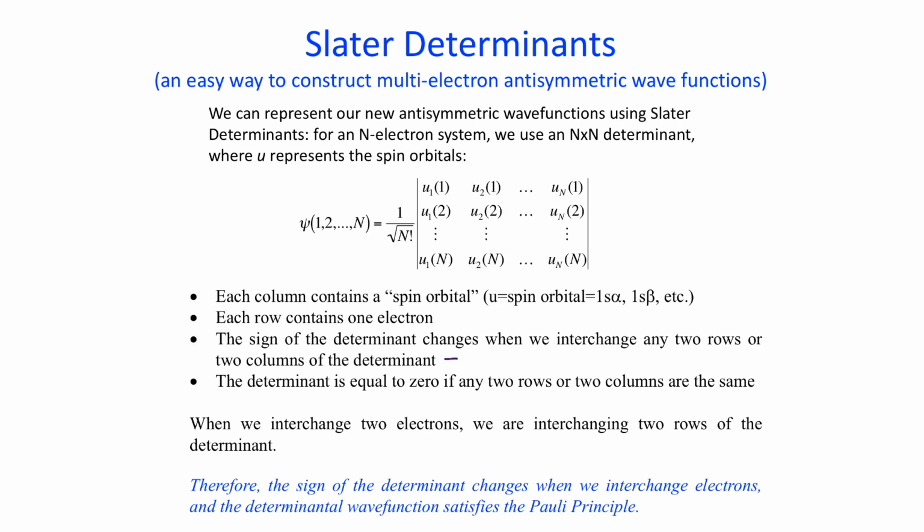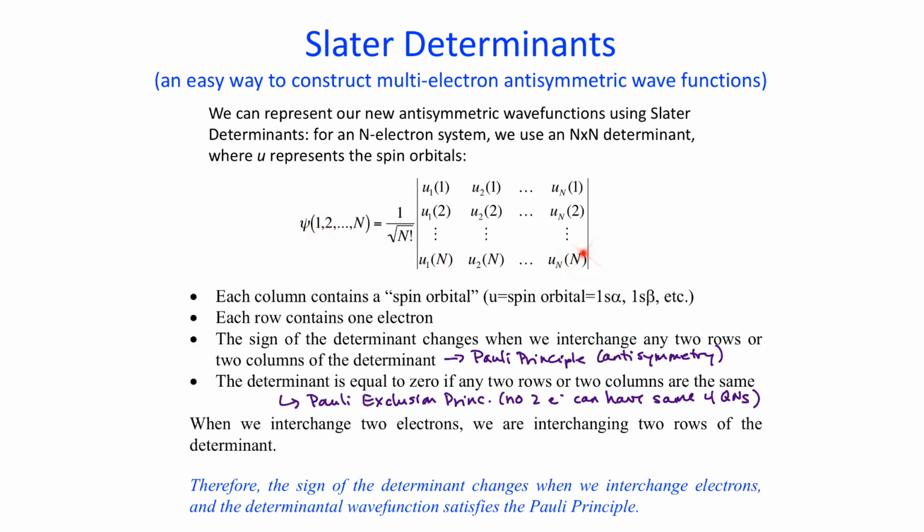So the first one would be our Pauli principle, our anti-symmetry requirement, and this one would be our Pauli exclusion principle: no two electrons can have the same four quantum numbers. Both of those requirements are satisfied just by using this determinant method to put together our wave function.